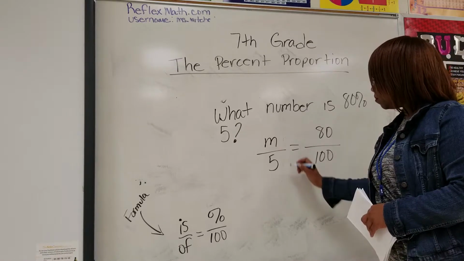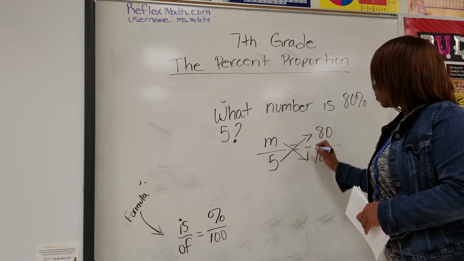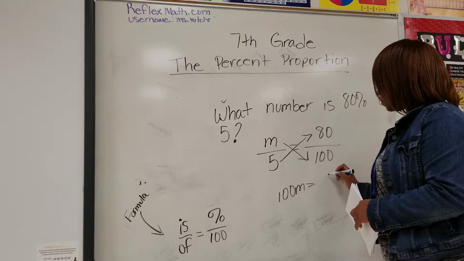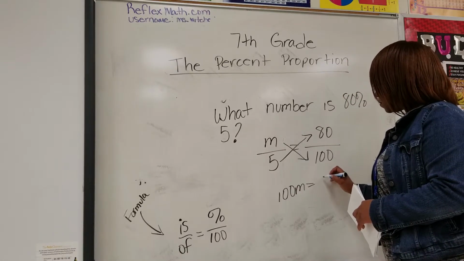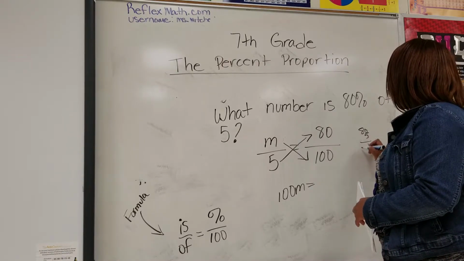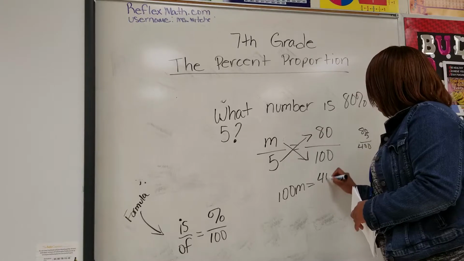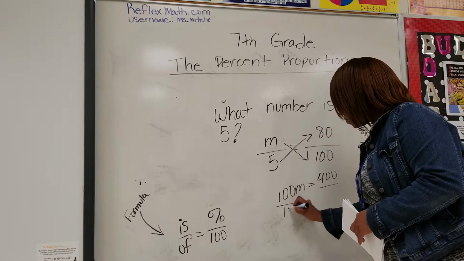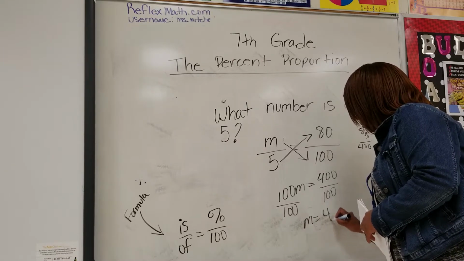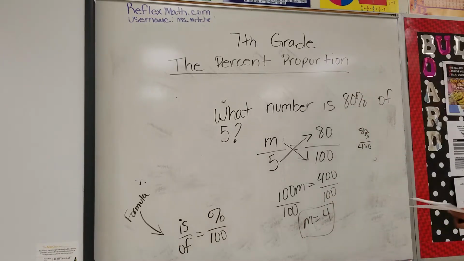And when we cross multiply, all right, and so therefore M will be equal to 4.